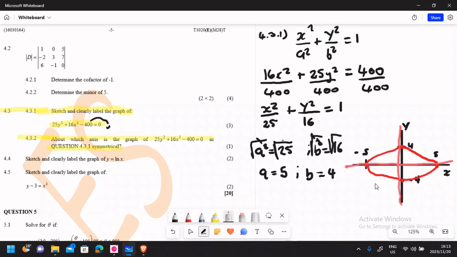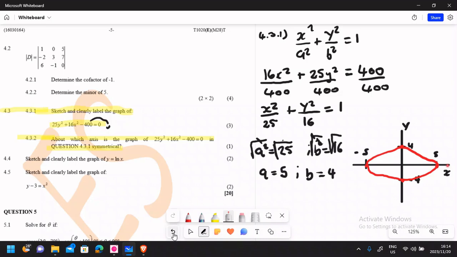So they're asking which of these 2 axes, when you cut this graph, you're going to have half of it. So let's see, if you cut it here, even though my graph is ugly, guys, we're going to have half of these 2. It's going to be 5 and also 5, and for 4 it's going to be 4 and 4. If you cut it on the x-axis also, you're going to have half and half. You're going to have 4 and 4.